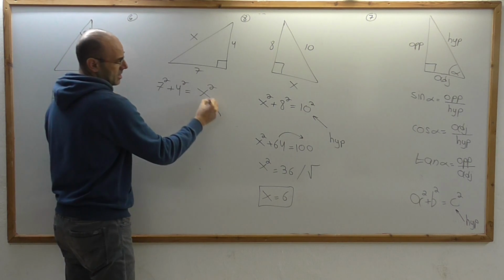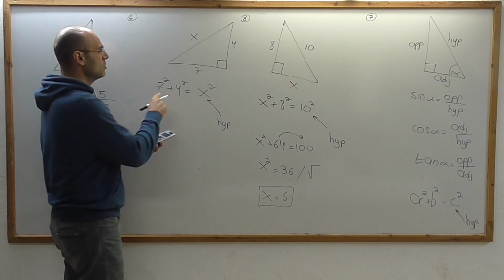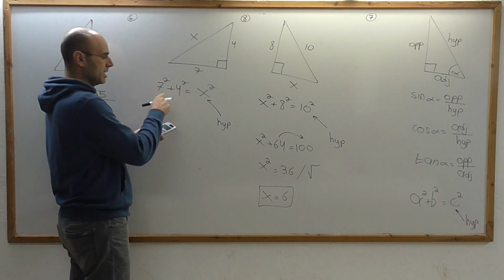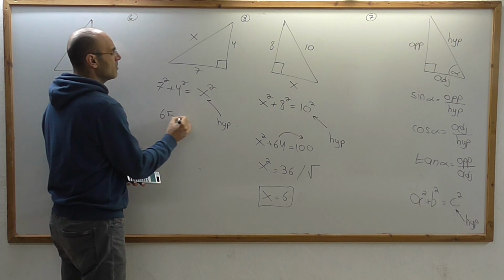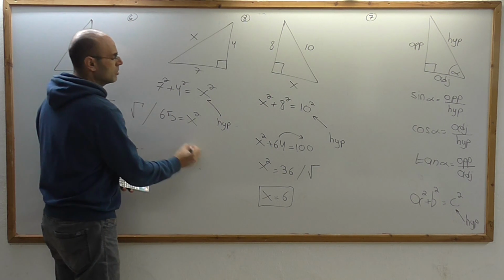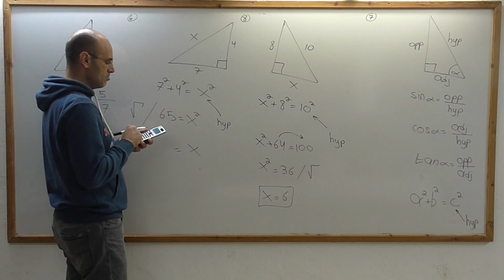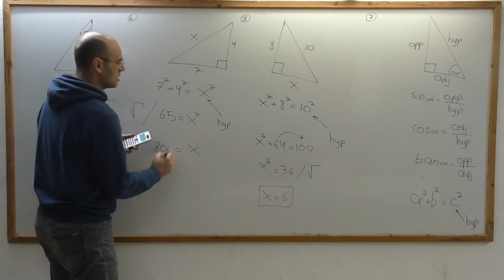This is always the hypotenuse. Okay, we go to the calculator, we do 7 squared, which is 49, plus 4 squared, which is 16. It's 65 equals x squared. Square root, x equals 8.06.